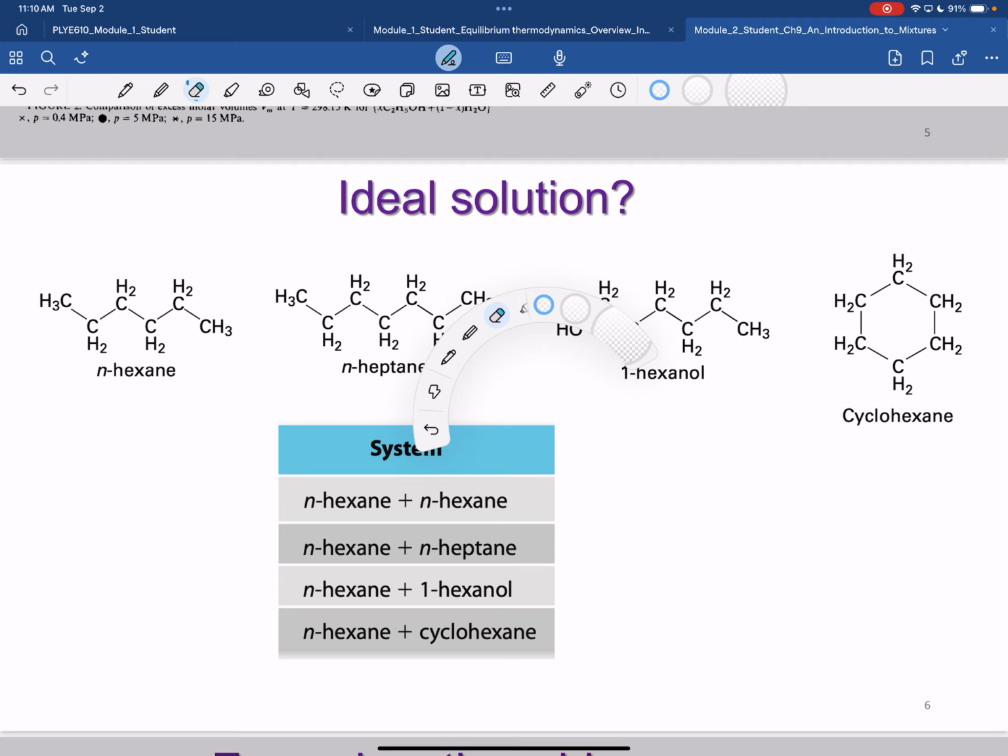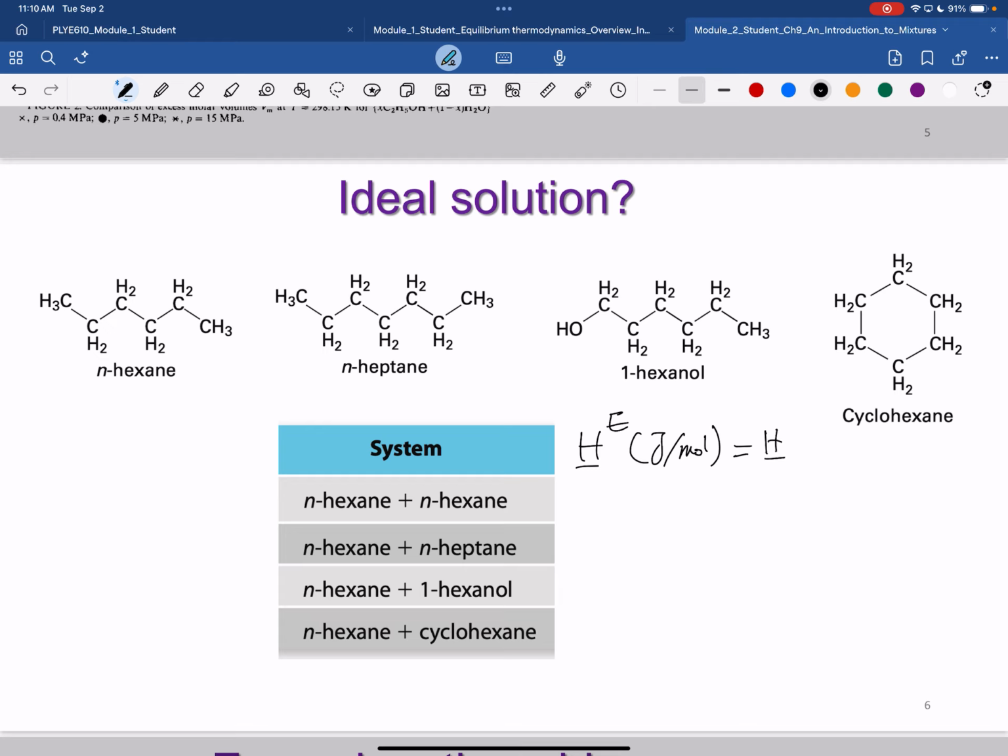Okay, let's define one parameter here. I'm going to define an excess enthalpy. And the way that we are defining this is the mixture enthalpy minus the enthalpy of the ideal solution.